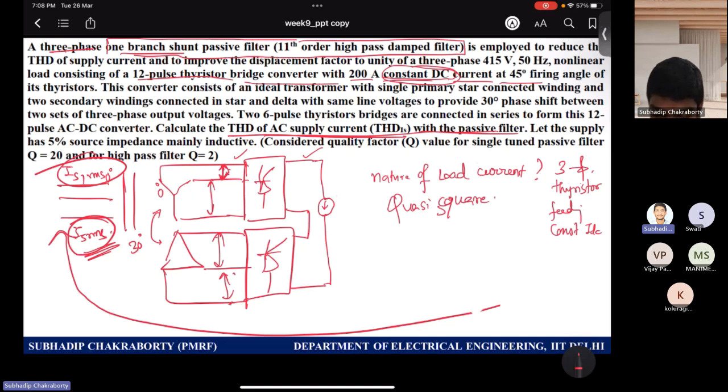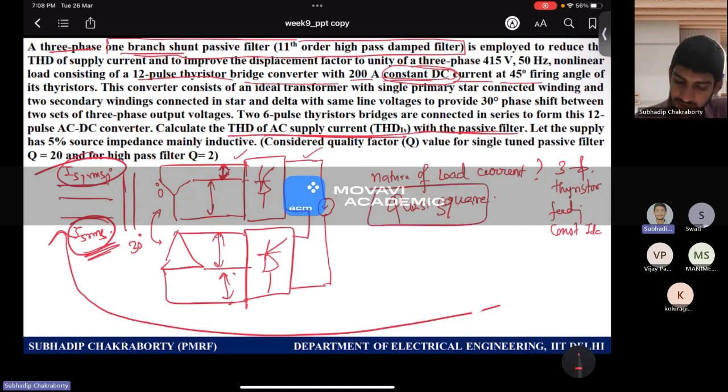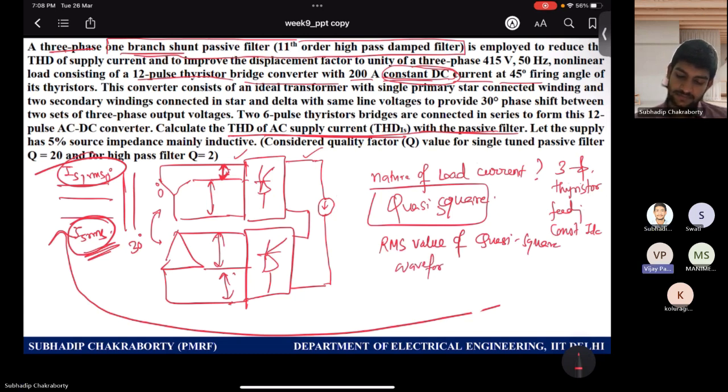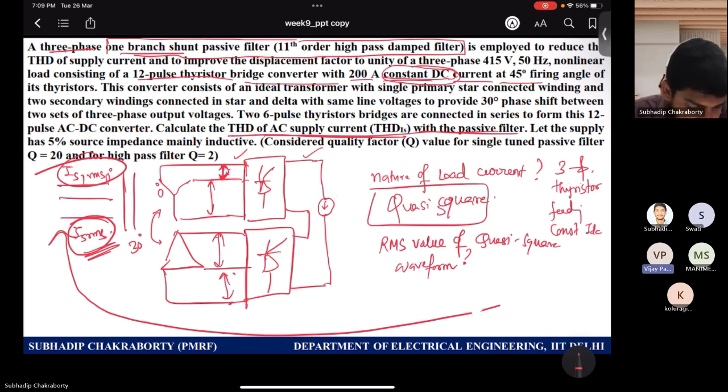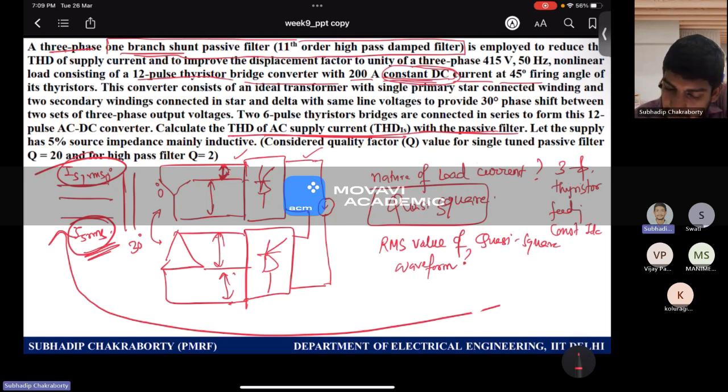So if you want to find the current at the AC side, because the DC current you know, the AC side current will be a quasi square waveform. So what is the RMS value?